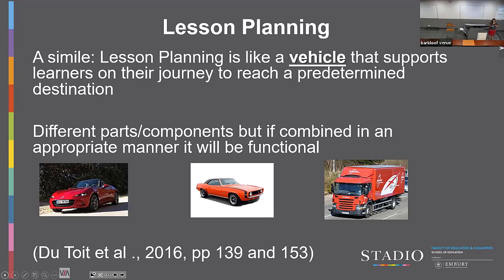Obviously, you ask, what is your destination, right? So if you're traveling from Durban to Johannesburg, your destination will be Johannesburg. You will ask yourself, how will I get there? Your vehicle will tell you how you will get there, but also the purpose of why you are taking this journey.